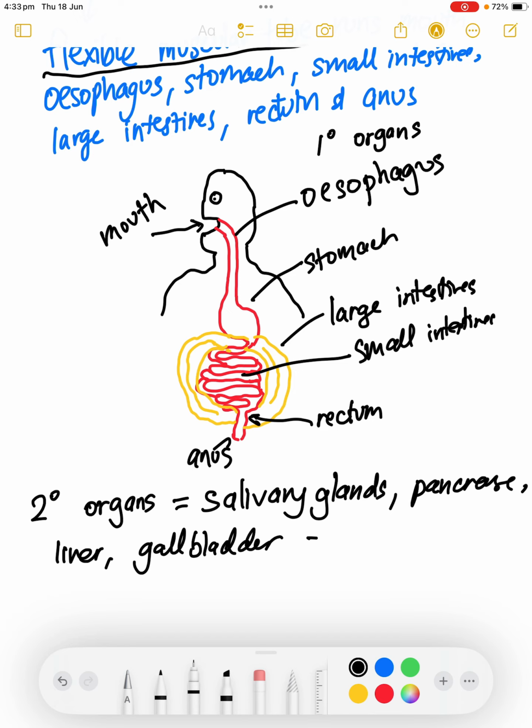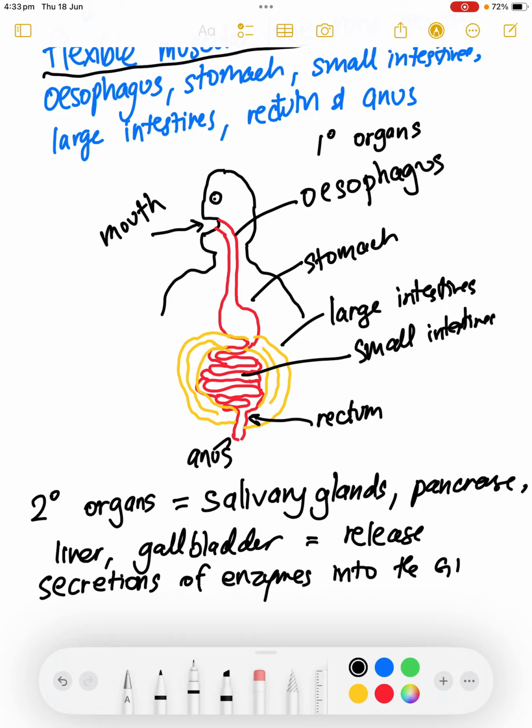Okay. And they are pretty much accessory organs which release secretions of enzymes into the GI tract when needed.